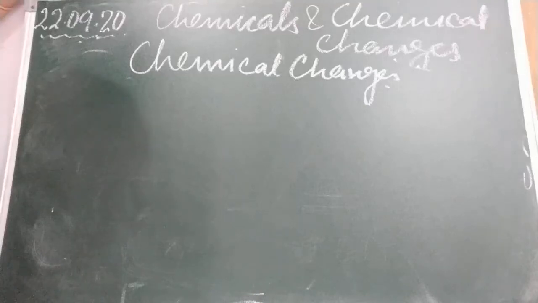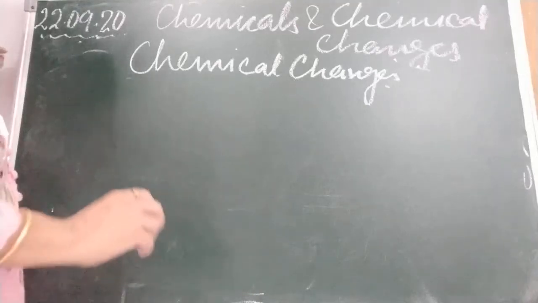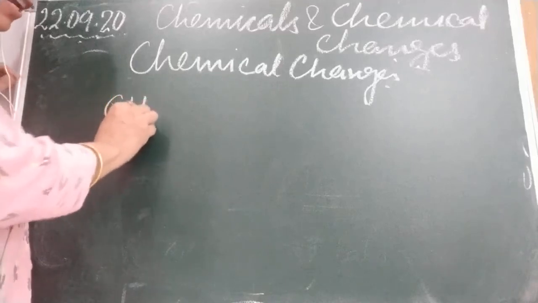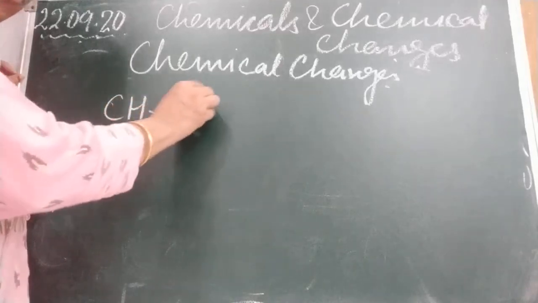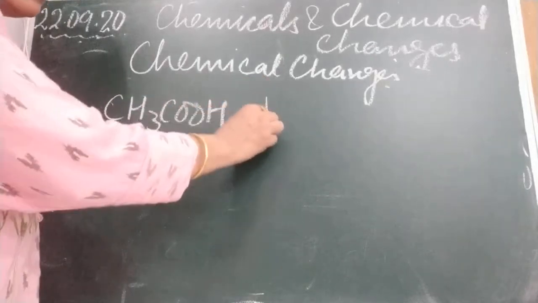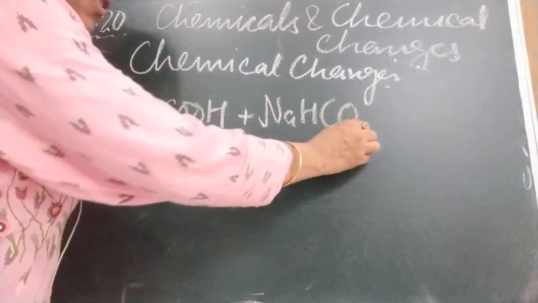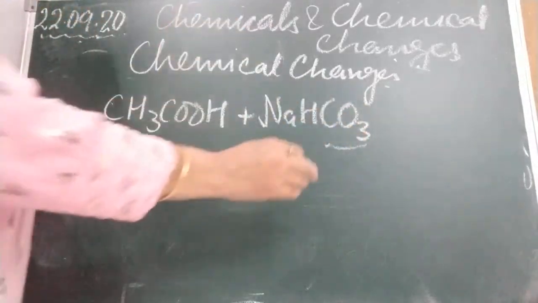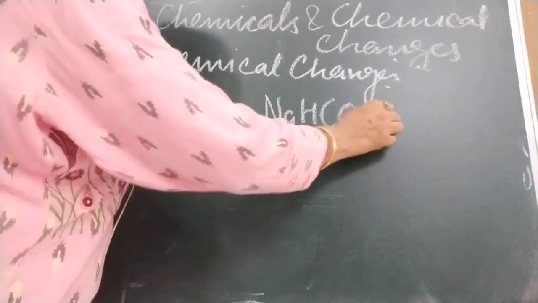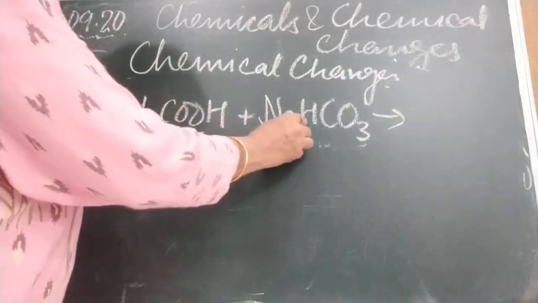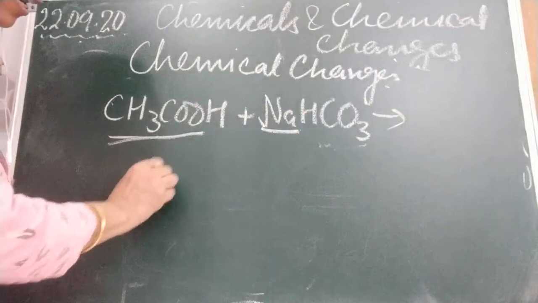Second is a reaction between vinegar and baking soda. What is the chemical formula of vinegar? CH3COOH. Baking soda, NaHCO3. Children, wherever you find this CO3, it means carbon dioxide gas is going out. Now we will take CH3COONa.